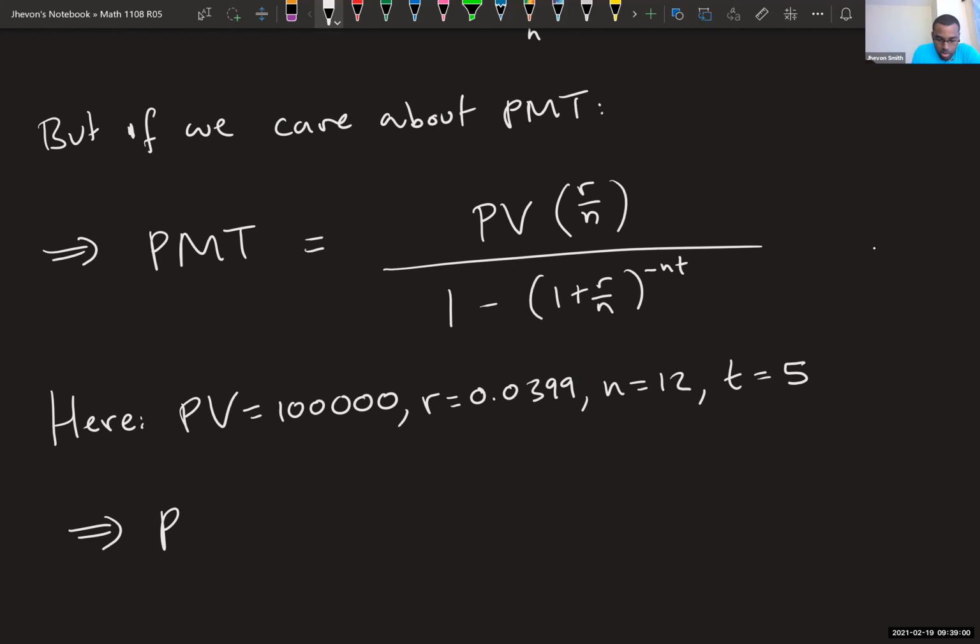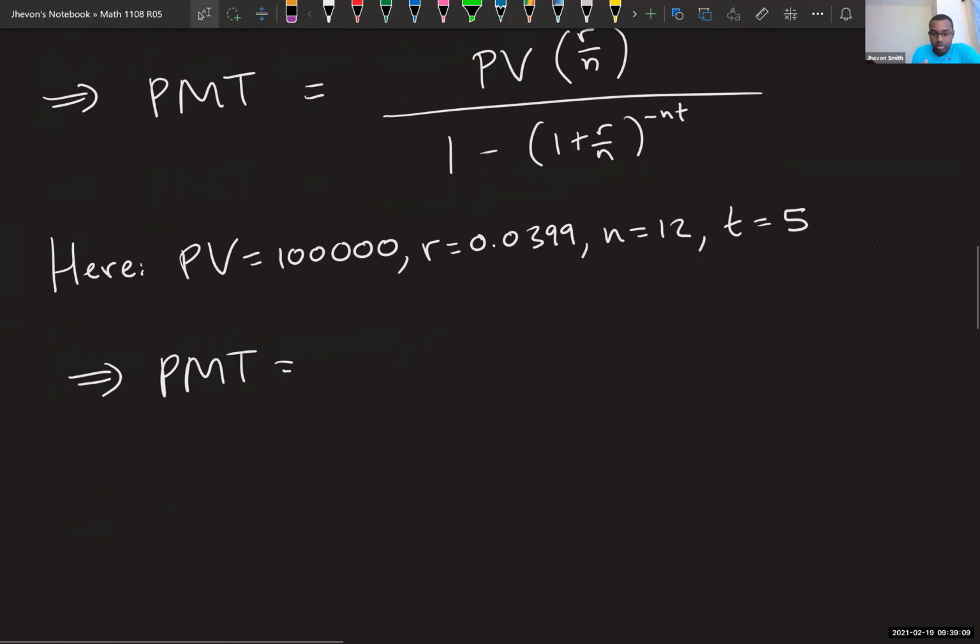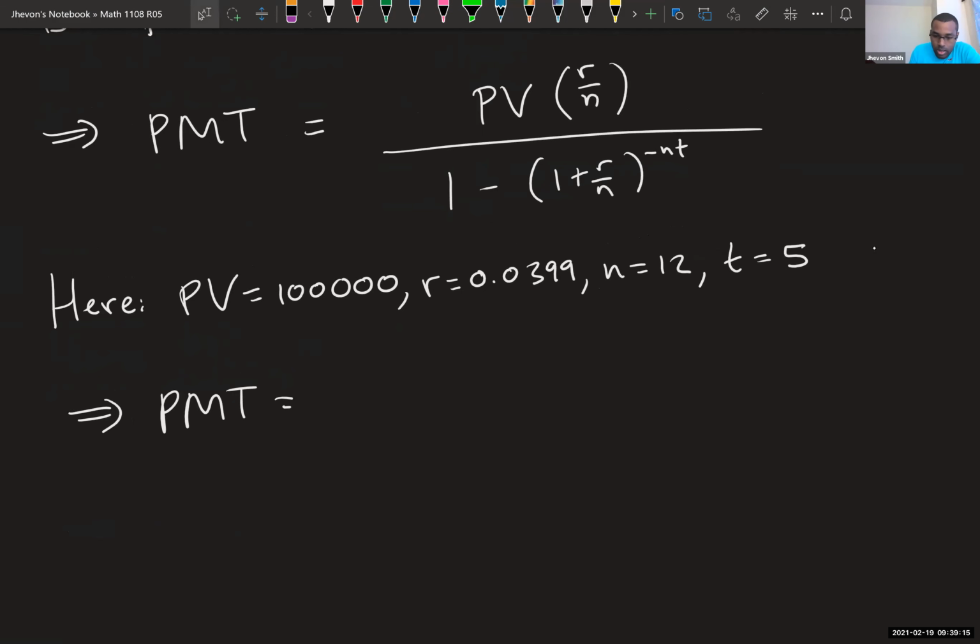So this means my payments should be, or what this person is going to quote me if they are being honest, and I'm going to check them because $100,000 is a lot of money, is going to be, I'm just going to plug into this formula, 100,000, 0.0399 over 12, right?